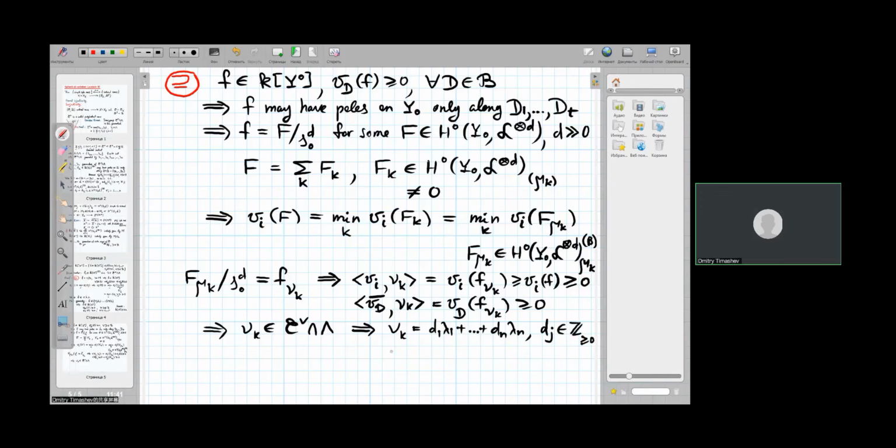For the function f nu k, this means that the function f nu k is represented as a product f lambda 1 to the power d1, etc., f lambda n to the power dn, well, up to a scalar multiple, but let me skip the scalar multiple.